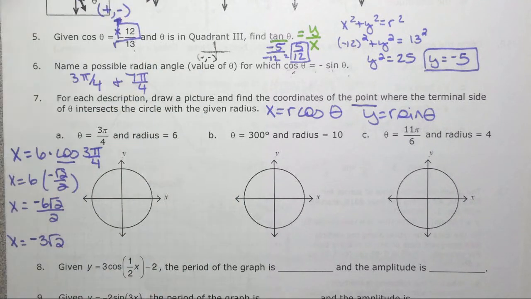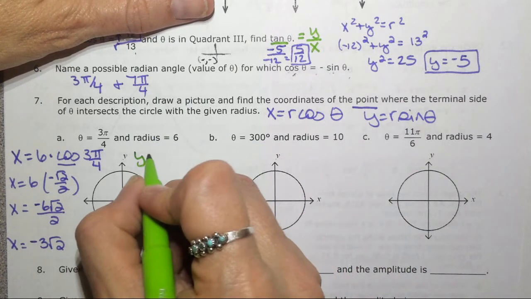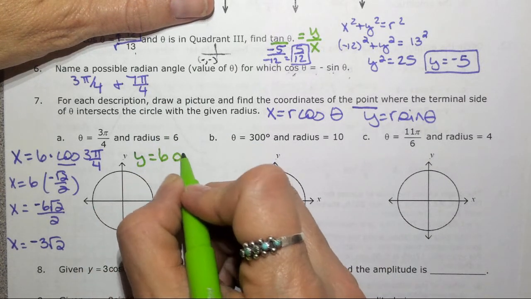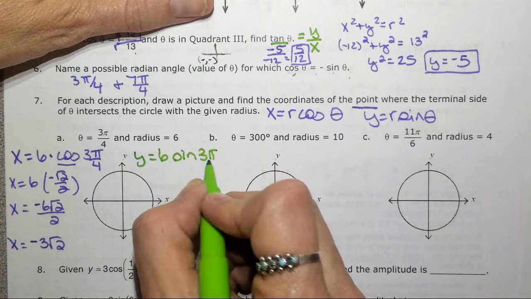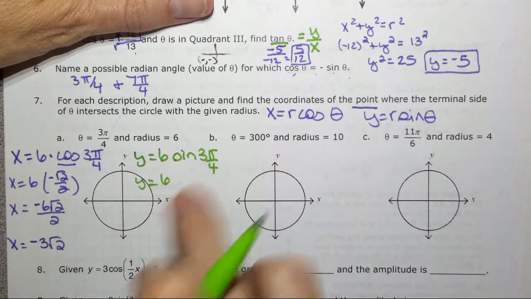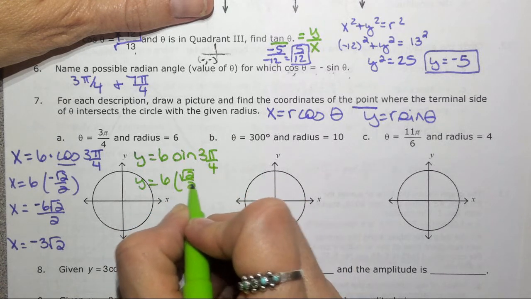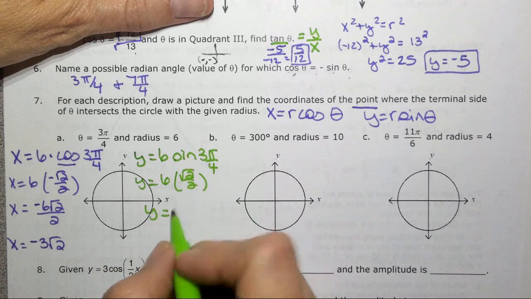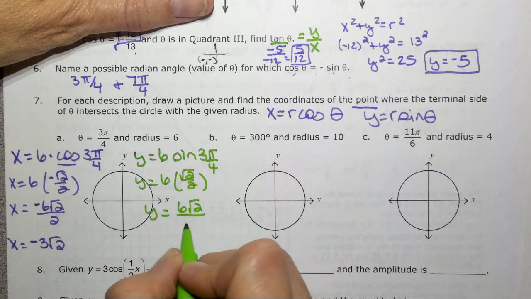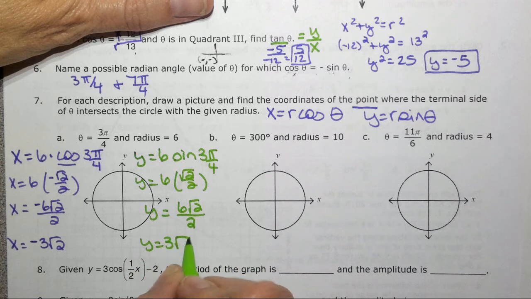I'm going to do the exact same thing for the y value, except I'm going to use sine instead. Y equals 6 sine 3 pi over 4. So y equals 6 times, at 3 pi over 4, the y value is equal to positive root 2 over 2. I'm going to multiply. I get 6 root 2 over 2. I'm going to divide, and I get 3 root 2.